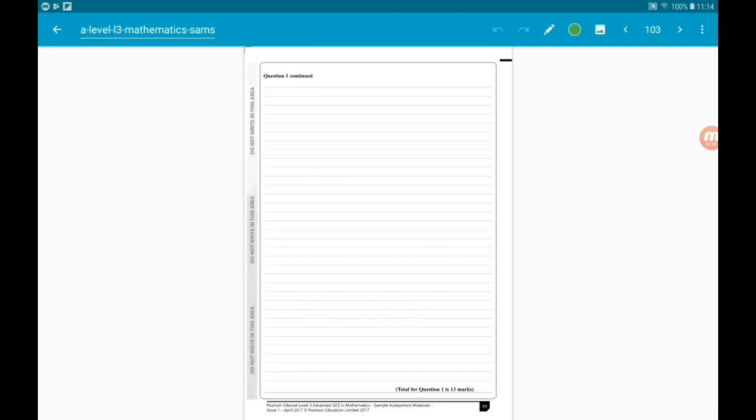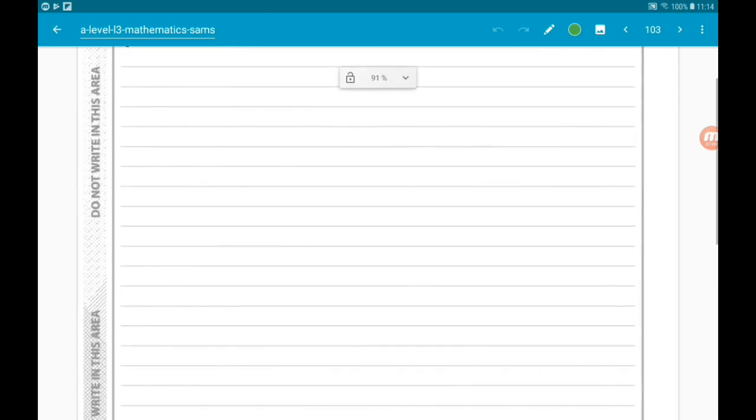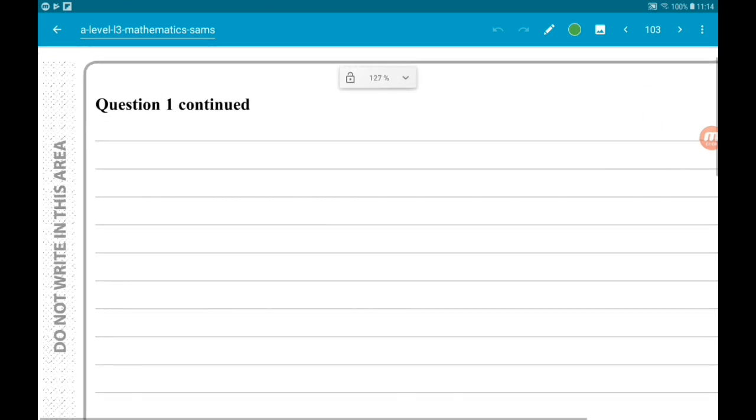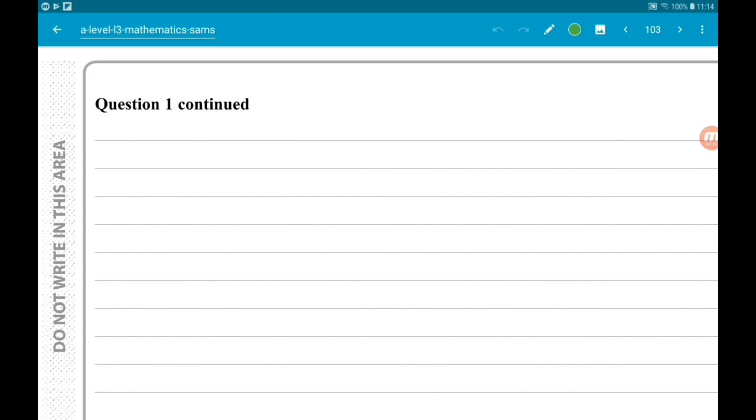So from that, we know that 1.5 times 8, so 1.5 centimeters times 8 centimeters, which is 12 centimeters squared.